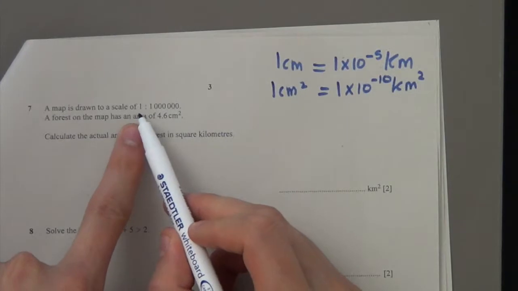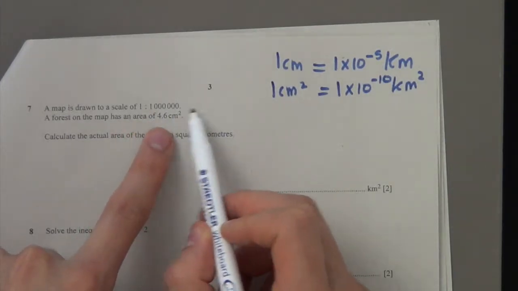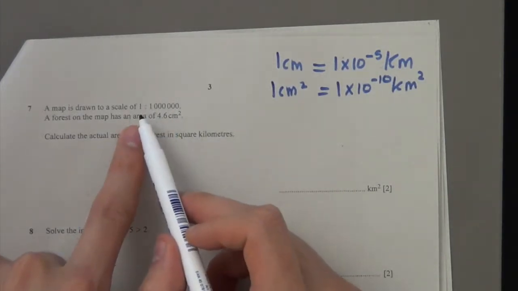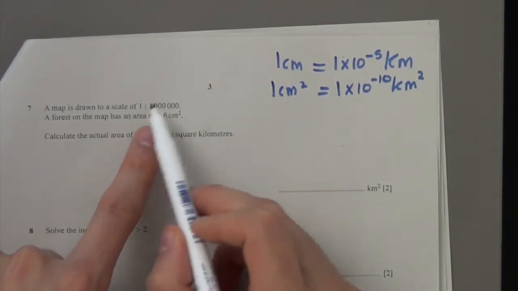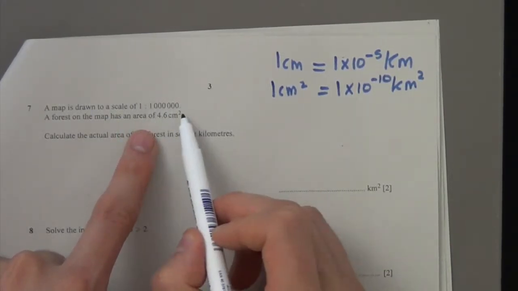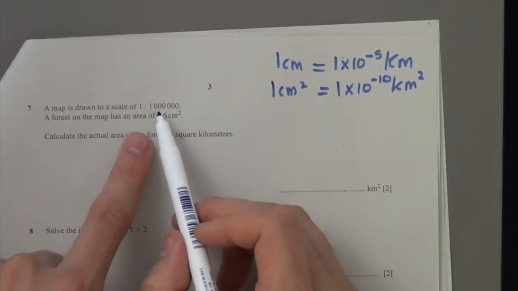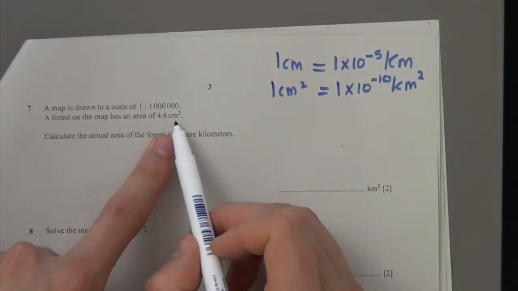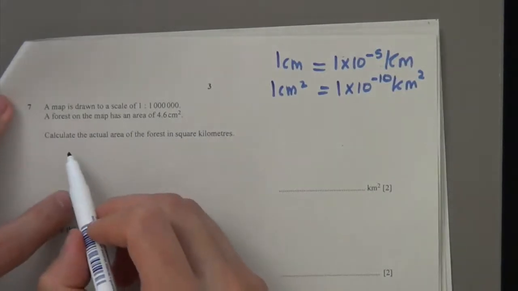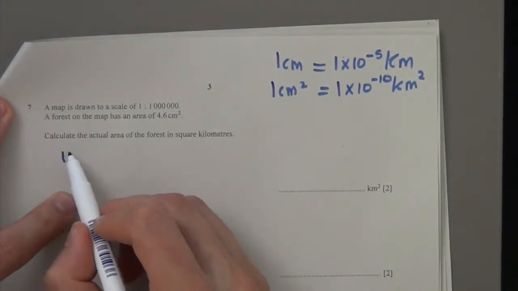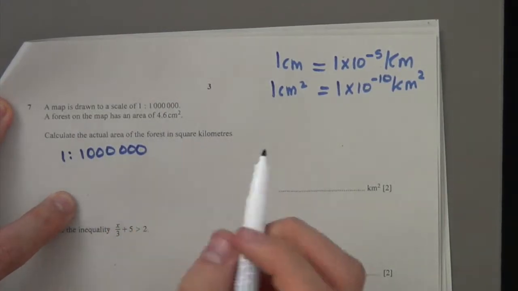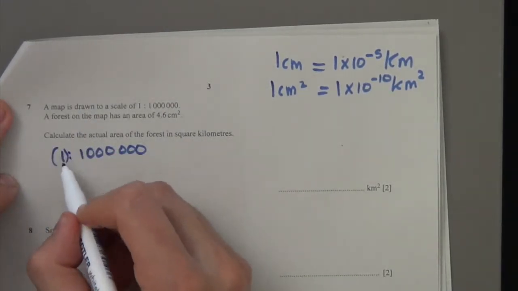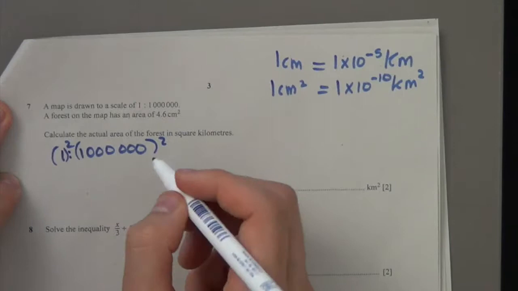Now, it says 1 to 1 million ratio. What does that mean? It means for every 1 centimeter on the map, that equates to 1 million centimeters in reality, okay? However, area is centimeters squared. So we know that's the ratio, but I want actually the area, so I'm going to square both sides, okay?